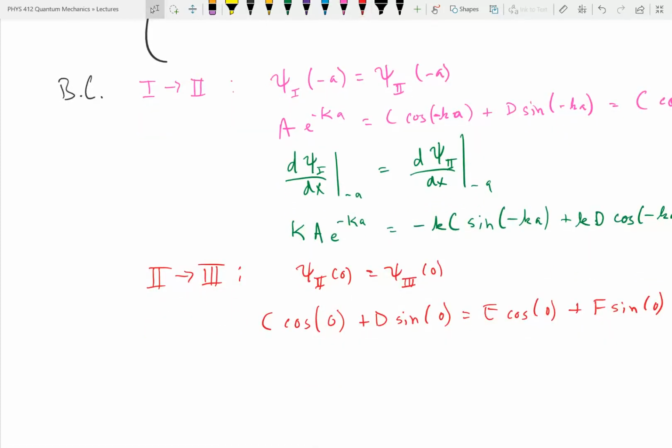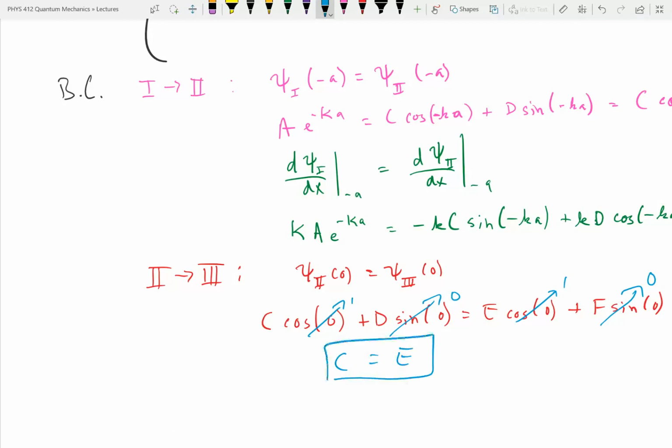It's so nice when things are at 0. Yes, it really is, because the two sine terms are 0, and the cosine terms are 1. So what I have is C equals E. That boundary condition was really, really simple.